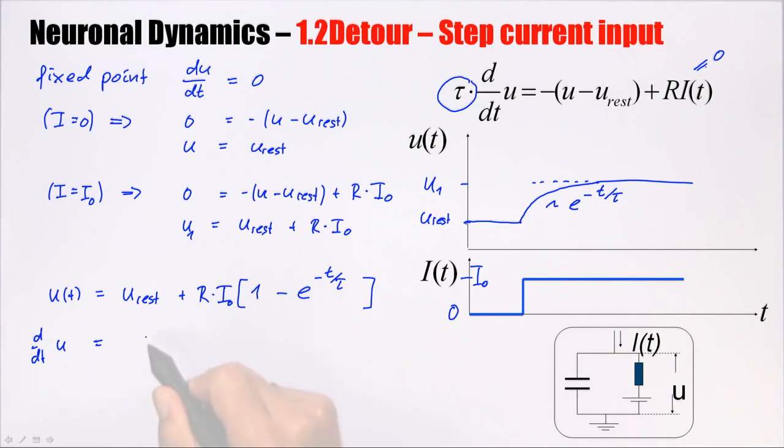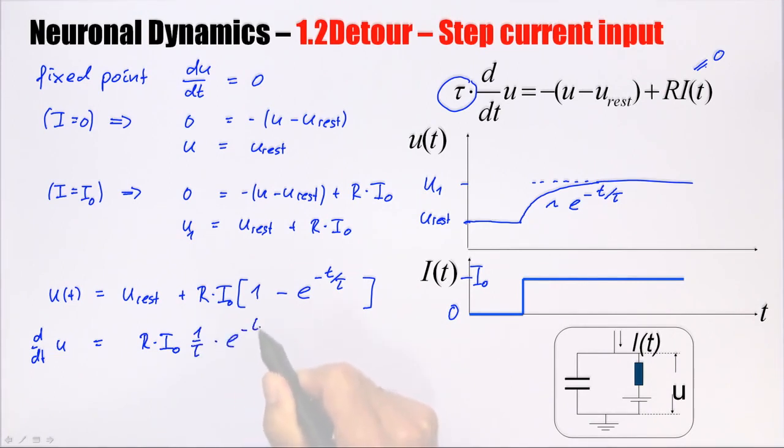So I have r times I0, and the derivative of this exponential gives me a 1 over tau e to the minus t over tau.